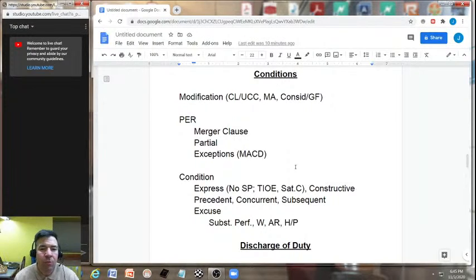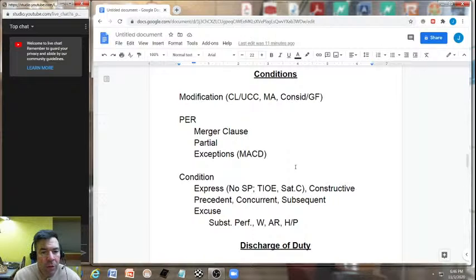Inside of modification, we look to see, are we dealing with a common law contract or are we dealing with a uniform commercial code contract? And if we're dealing with a common law contract, we should be looking to see, has there been new consideration? And if there hasn't, then the modification is ineffective under the common law. But if the uniform commercial code governs our contract and there's been a modification, has there been good faith?